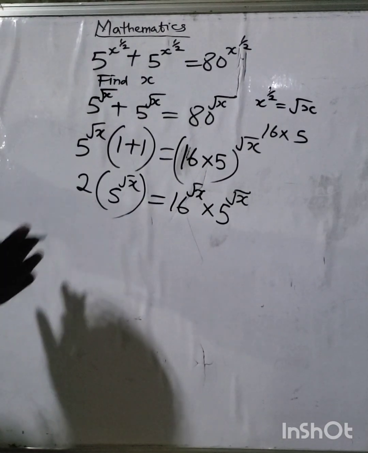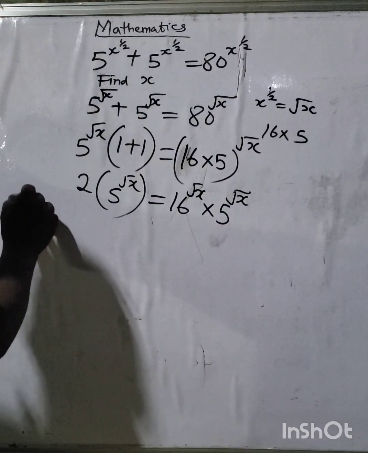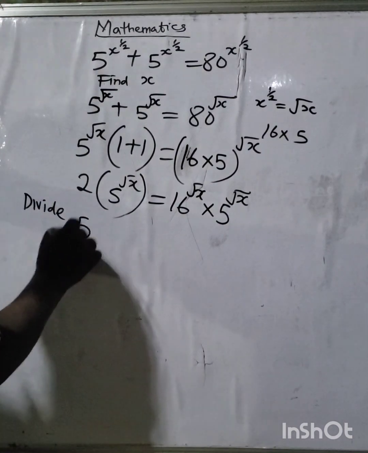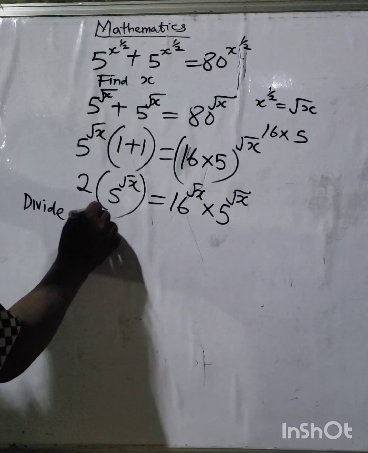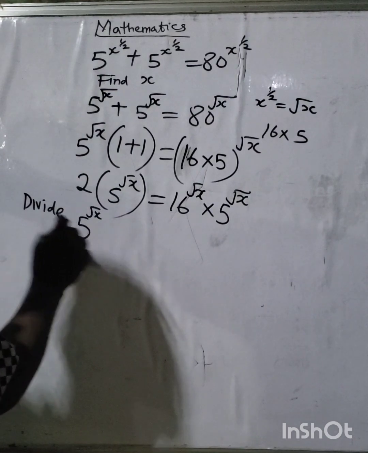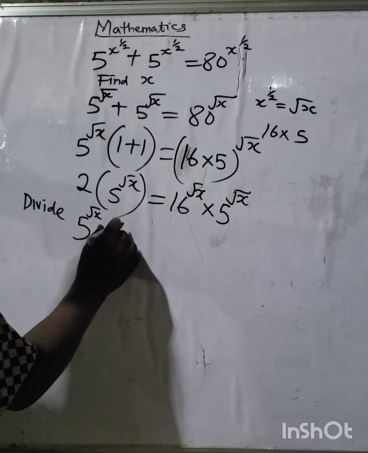As we can see now, we can divide 5 raised to power √s by 5^√s.